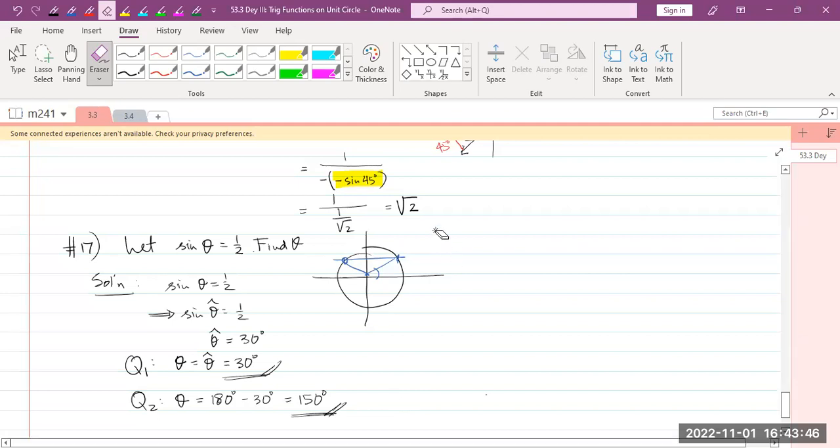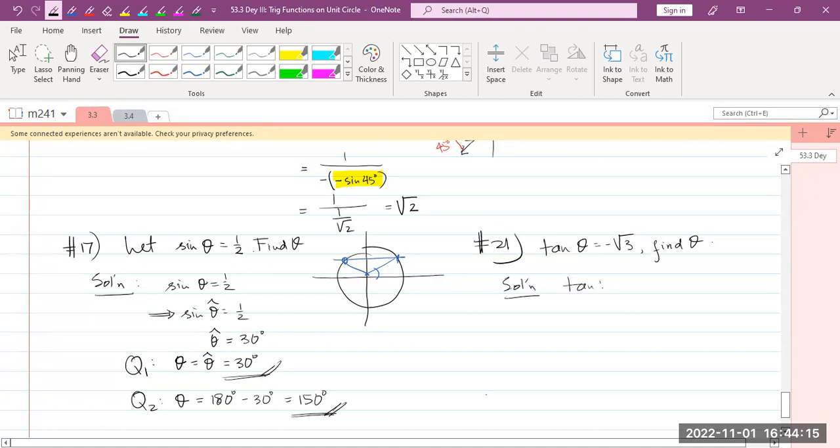Okay, so number 21. Number 21. Similar question. Tangent theta equals negative radical 3. Okay. Find theta. Solution. Look at the reference angle first.